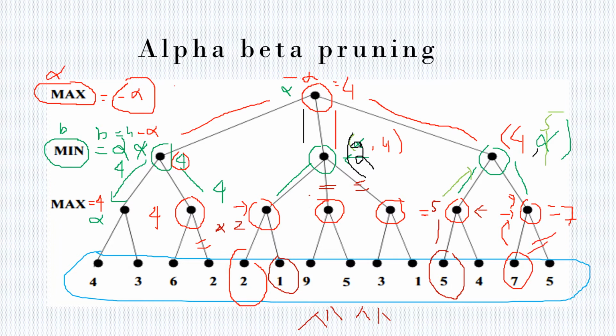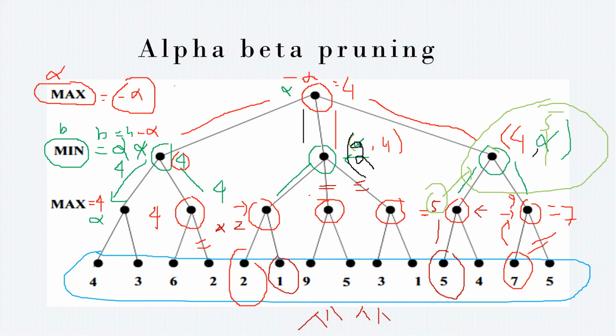So this node will be pruned because at the top we have min. Whenever at this point the alpha value is greater than the value already here, it will be pruned off, because the min at this point will always look for the minimum value, and here the max will look for the maximum value.